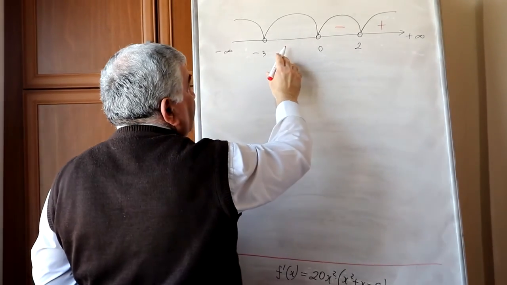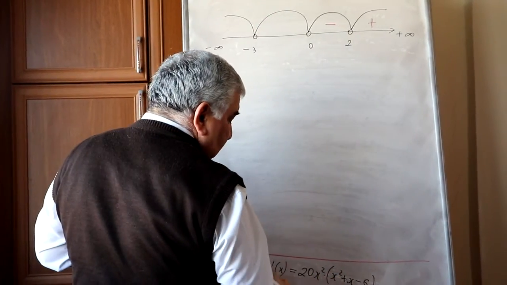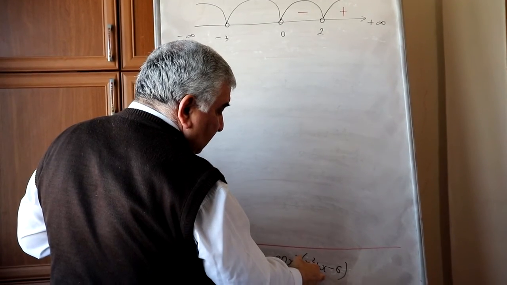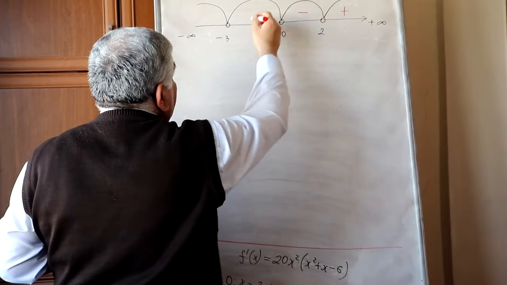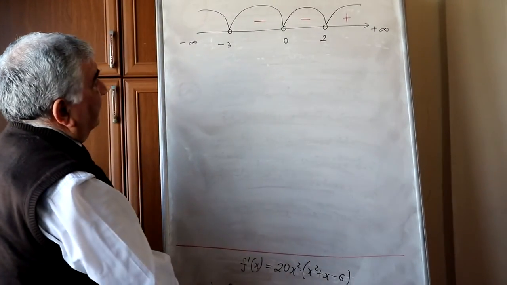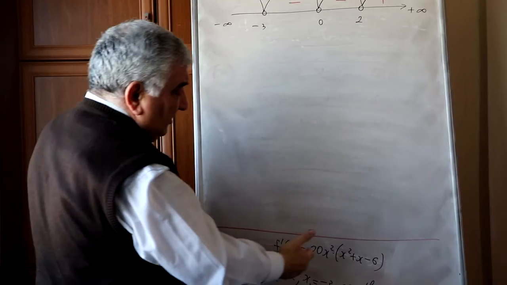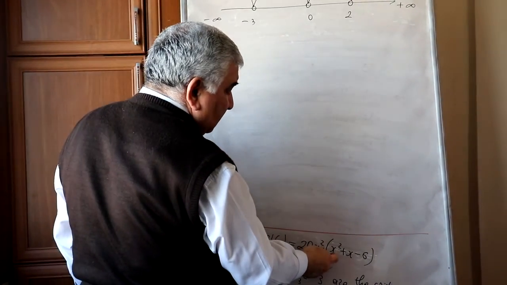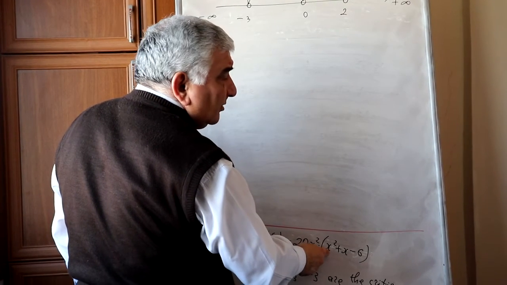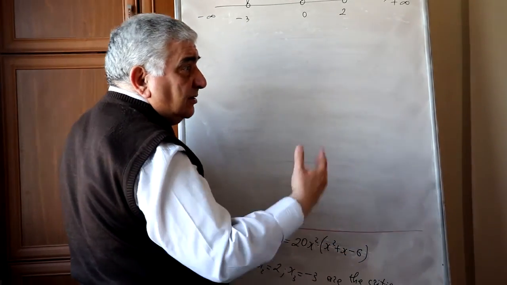Then here we can substitute, for example, -1 instead of x in the expression of derivative: 1 minus 1 is 0, minus 6 is negative. And from the left-hand side we can take, for example, -10 for the comfortable case; if we substitute -10 instead of x, we will obtain 100 minus 10 is 90 minus 6 is 84, positive.